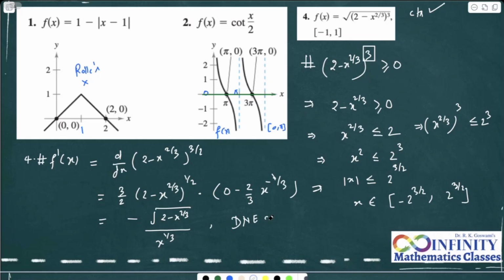It doesn't exist at x equals 0. And 0 belongs to the open interval minus 1 to 1. So that means the function is not differentiable in the interval, and that is all. So that means Rolle's theorem is not applicable. Right.